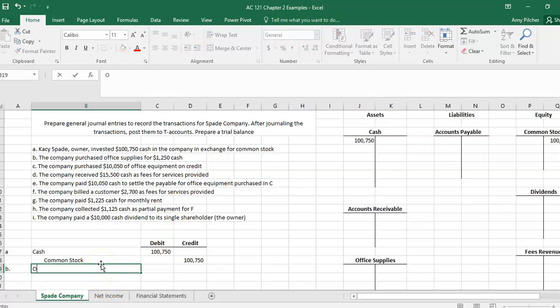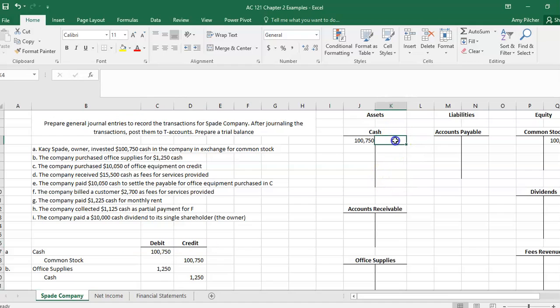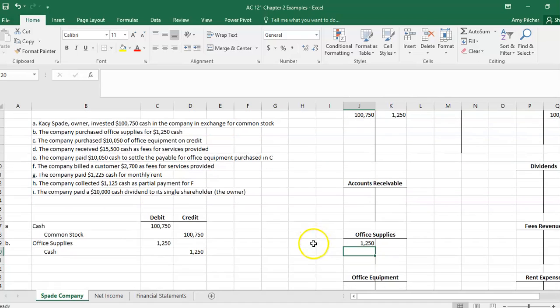We record office supplies $1,250, and cash $1,250. We credit cash for $1,250 and debit office supplies for $1,250.